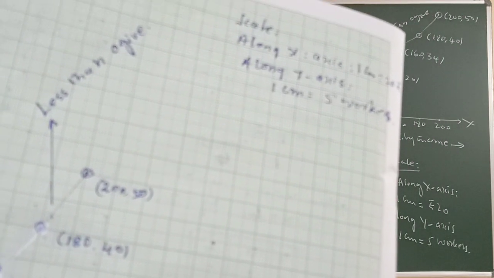Next, 140 comma 26, and then 160 comma 34, 180 comma 40. Okay, children. Then 200 comma 50. Then you join. Finally we get this, which we say is the less than OGIVE.